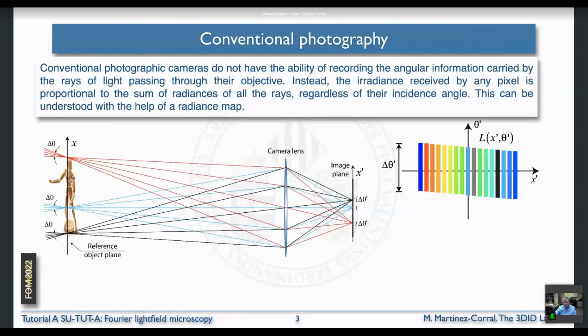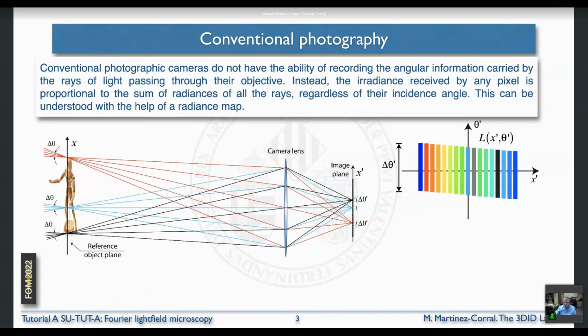For example, we can see that the central pixel is collecting rays that are passing through a single value of the spatial coordinate, x prime, but which have a band of angular values or angular inclination.